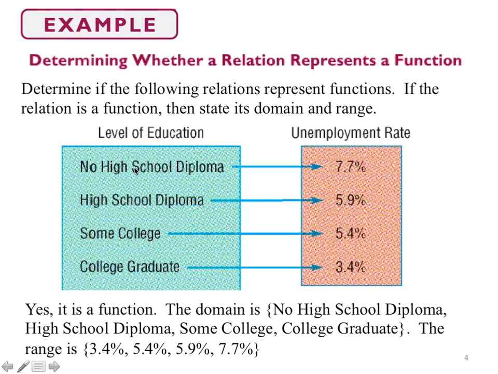The domain is going to be all levels of education, which include no high school diploma, some college, and college graduate. And then our y's, which is going to be our range, include the values 3.4, 5.4, 5.9, and 7.7. We write them in this order because they're ascending, which makes a little more sense.